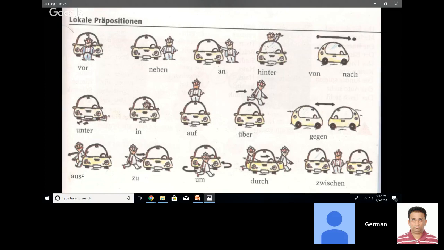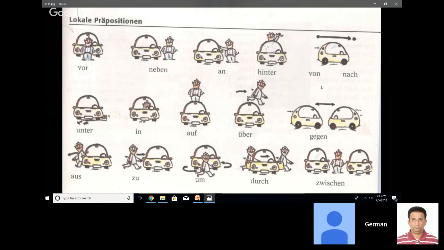Aus is a preposition we learned yesterday. Aus, tell me, is aus a dative or an accusative preposition? Dative. Yes. Dative. Yes, very good.